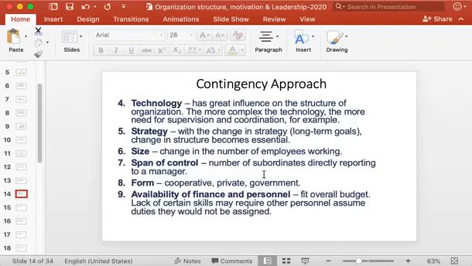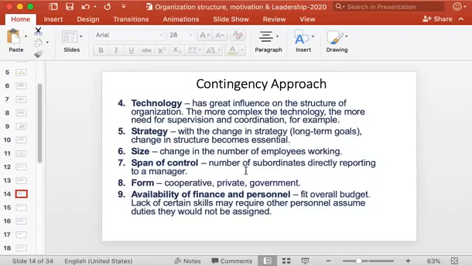Also, organization structure or organization design may be changed with the change in span of control, which is nothing but number of subordinates directly reporting to a manager.